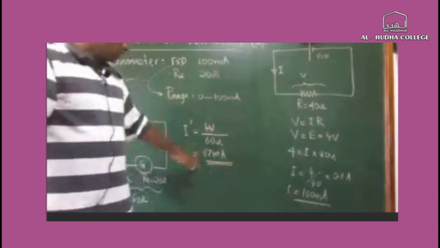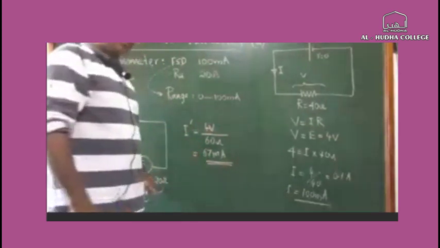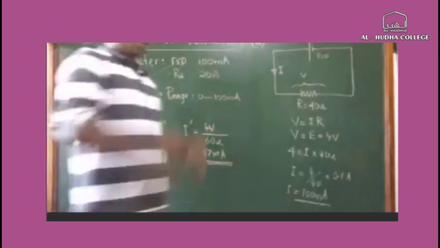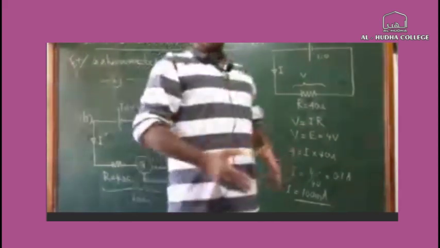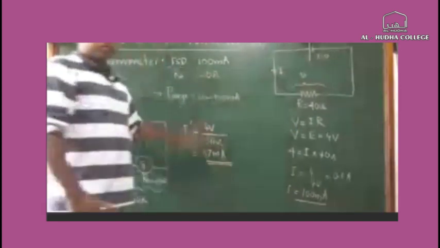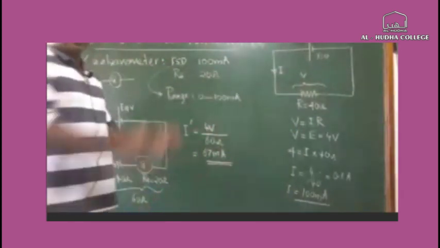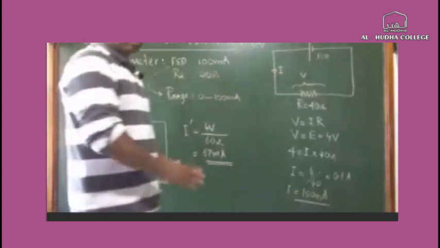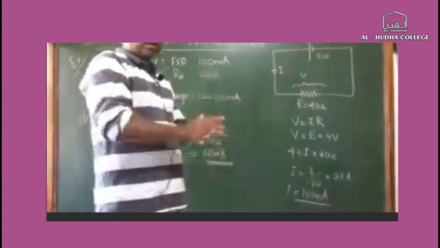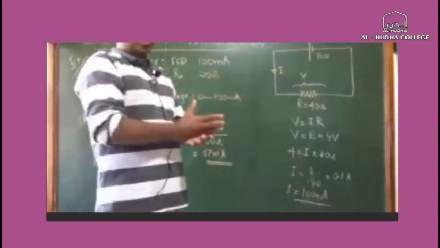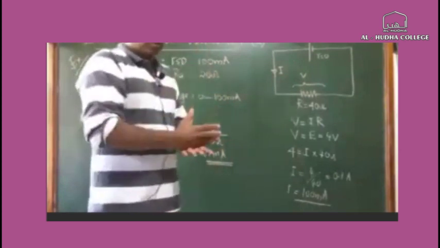But since galvanometer resistance cannot be eliminated, all practical galvanometers will have some sort of resistance. There will always be an error in the measurement, so we can't avoid this measurement error. But ideally, a galvanometer should have 0 resistance.